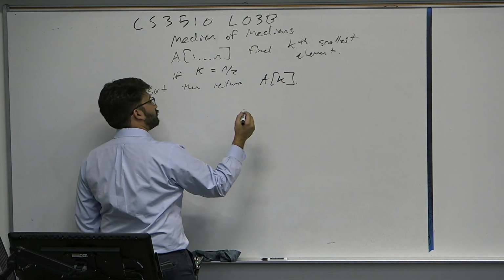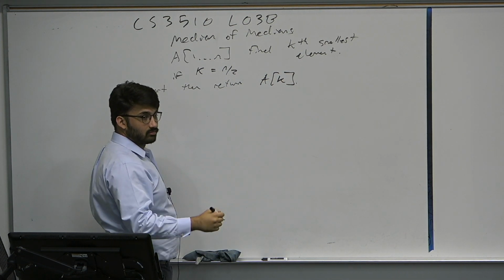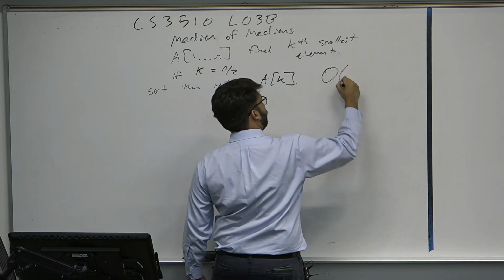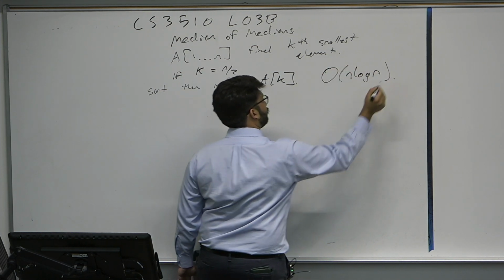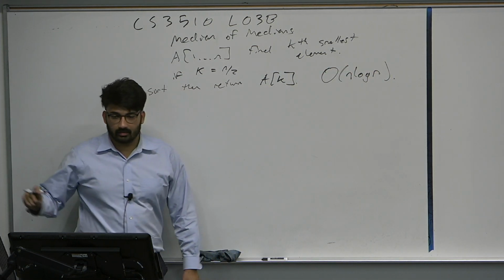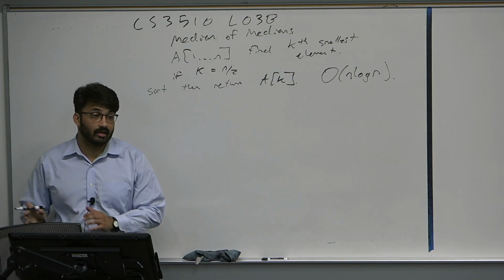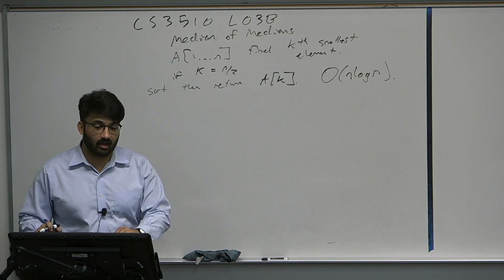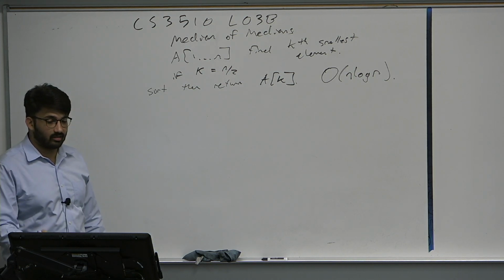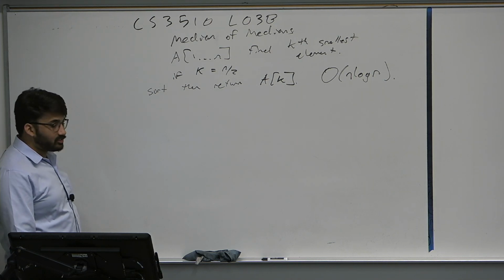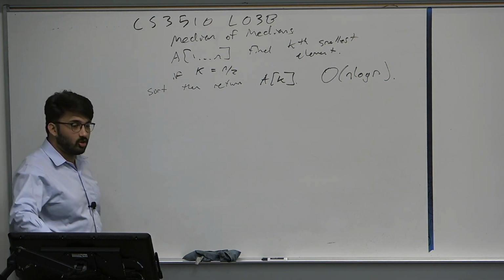That takes how long? Okay, n log n. Can we do better than that? We can actually do worse than that. So first we'll do worse than n log n, and then we'll show you how to do better than n log n. The answer is basically this algorithm called Quickselect.